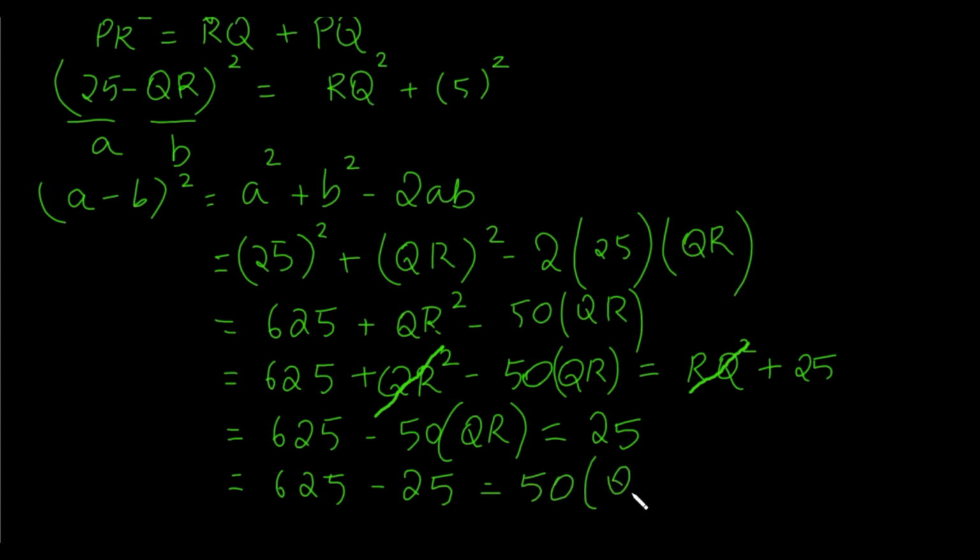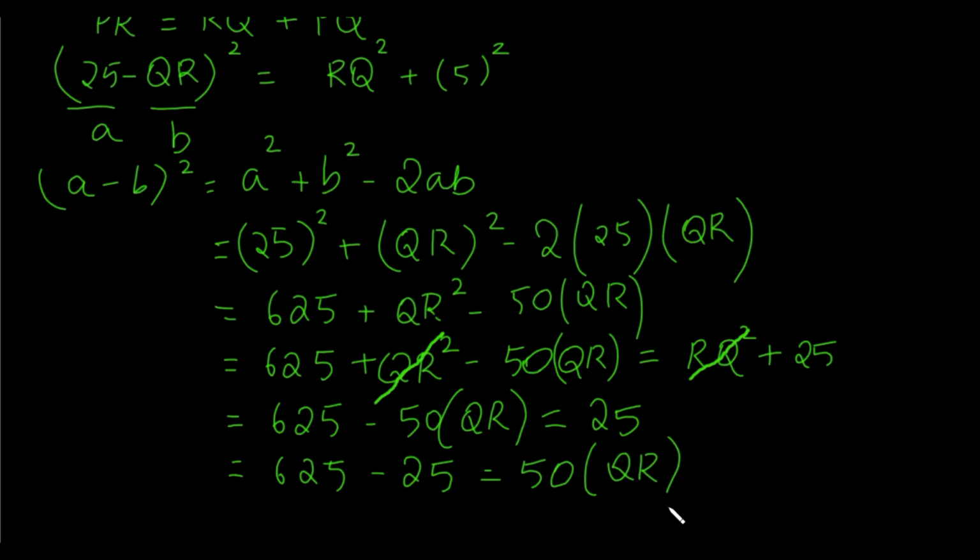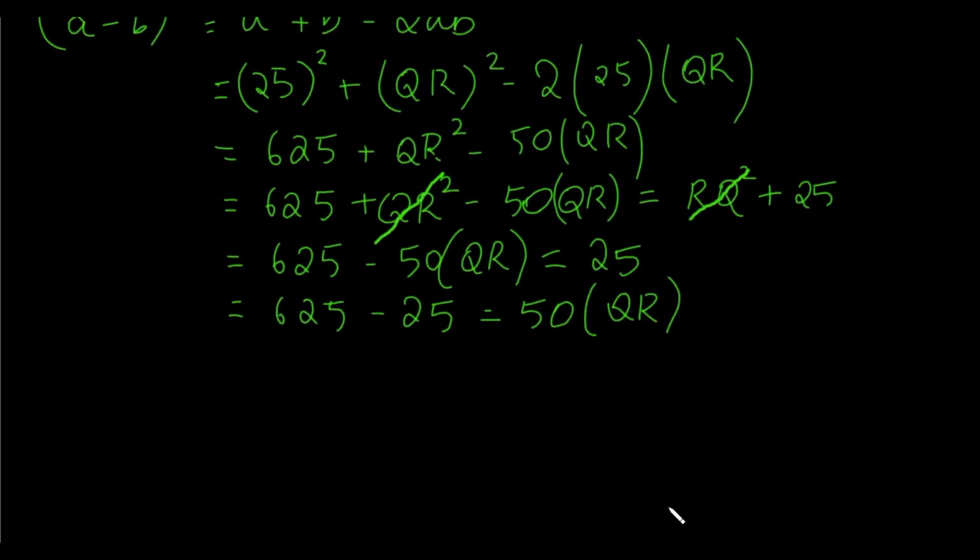I send the 50 QR to the right hand side because I just wanted to eliminate that minus sign. So 625 minus 25 is going to give us 600. So that's equal to 50 QR.